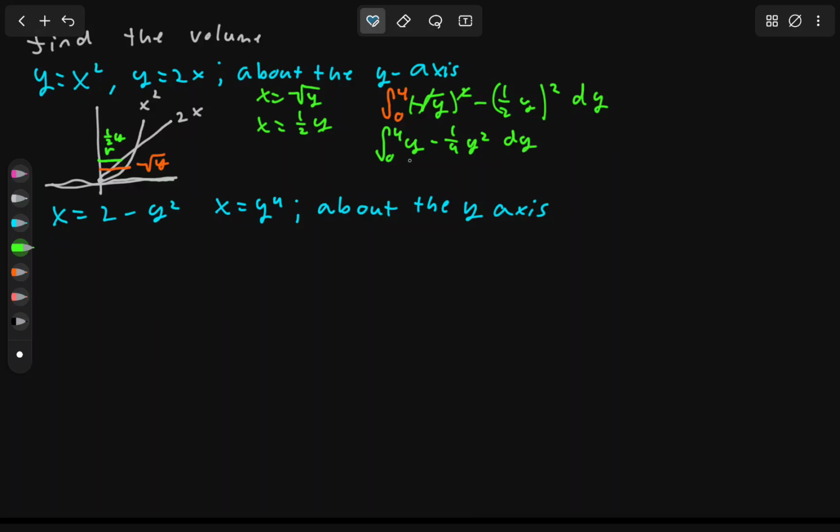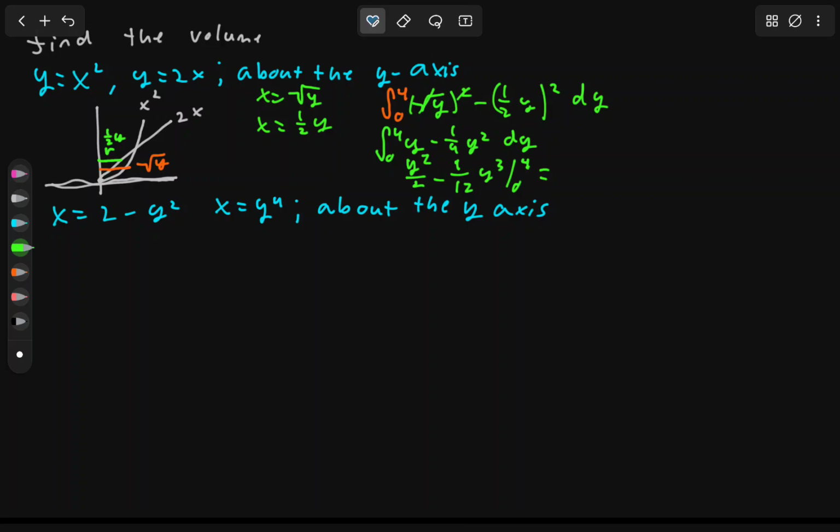Integrating this now, we will get y squared divided by 2 minus 1/12 of y cubed evaluated from 0 to 4. Well, the cool thing about this is because there's no constants or anything at 0, it's just 0.